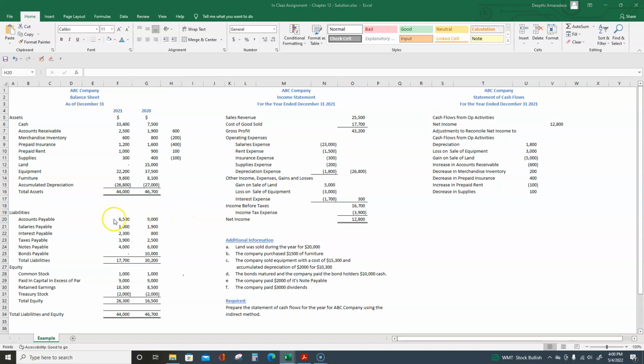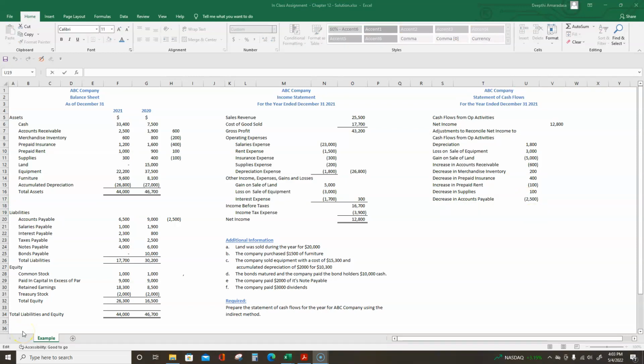So what happened to accounts payable? Accounts payable decreased by how much? It decreased by $2,500. Think of current liabilities as having a direct relationship with operating cash flows, which would mean that if accounts payable decreased by $2,500, we are going to decrease cash flows by $2,500.